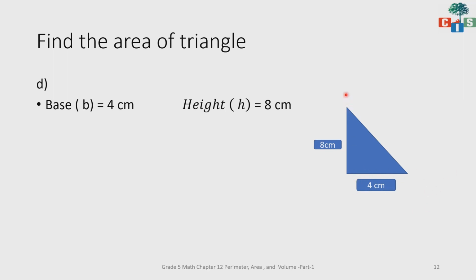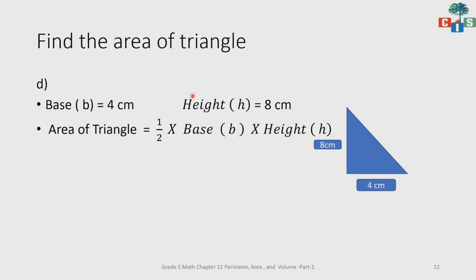Once we have got base and height, we can easily find the area of the triangle. So what is the area of a triangle? Yes, half into base into height. Now we will put the values of base and height. So area of triangle is equal to half multiplied by 4 multiplied by 8. Now our next step is that we have to multiply base and height, and then divide by 2.